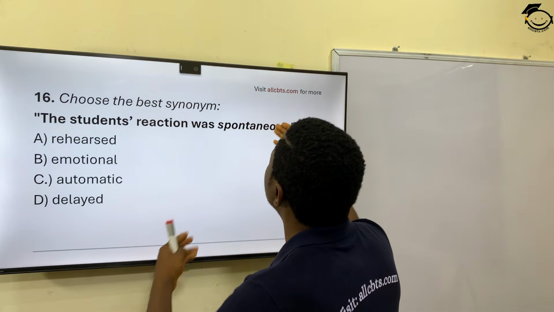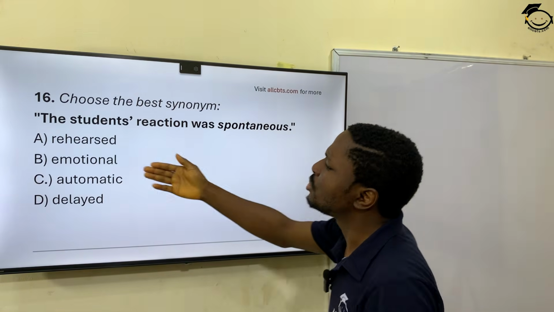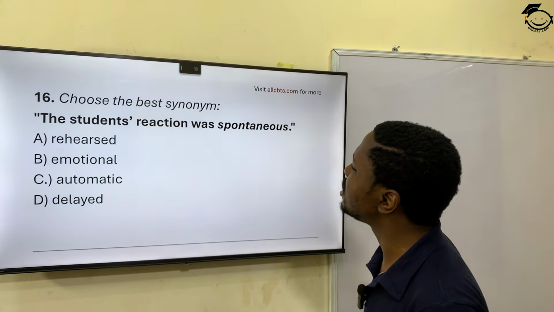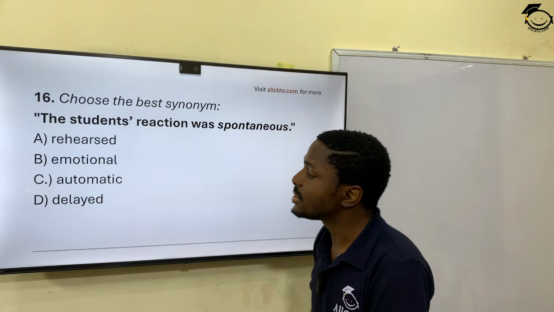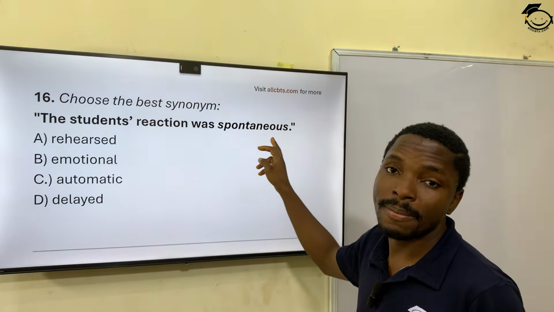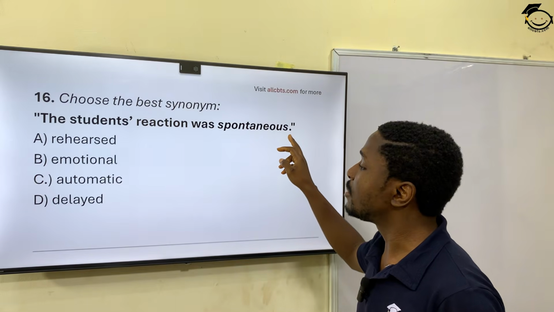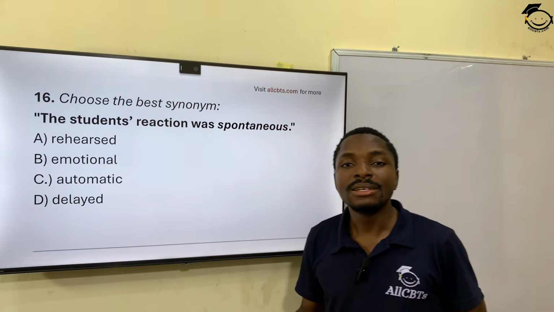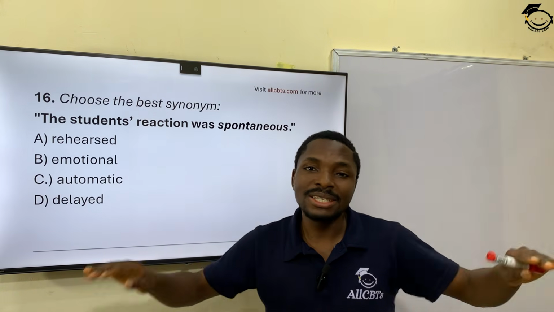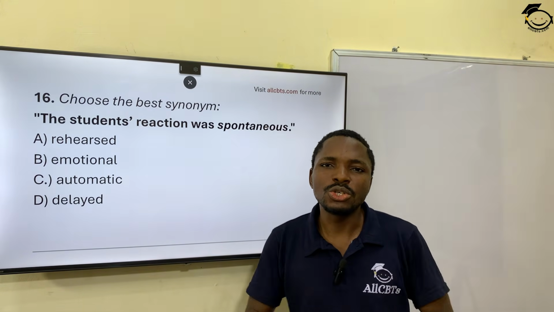So what's another word that is closely related to spontaneous from this? The student's reaction was spontaneous. Is it rehearsed, emotional? In fact, rehearsed would be like the opposite, because spontaneous is like it just happened.